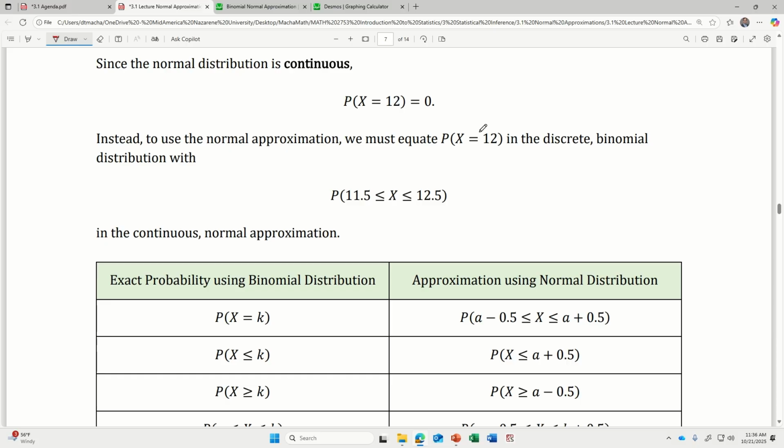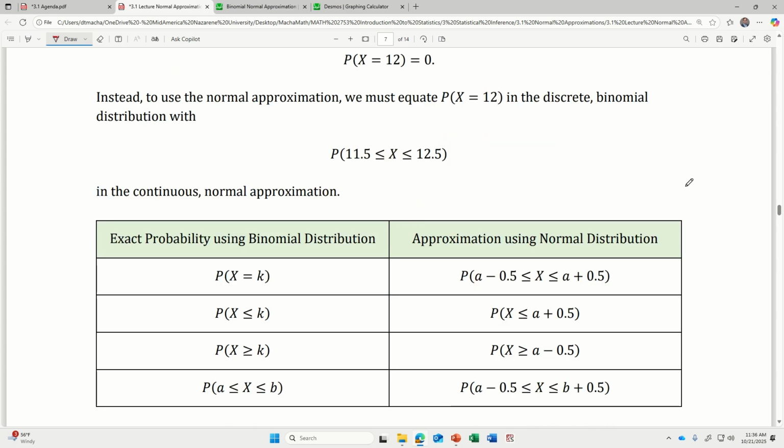And if I wanted the probability that x is equal to 13, I would look at the probability between 12.5 and 13.5. So I'm looking at this chunk of area under the normal distribution that has a width of 1.